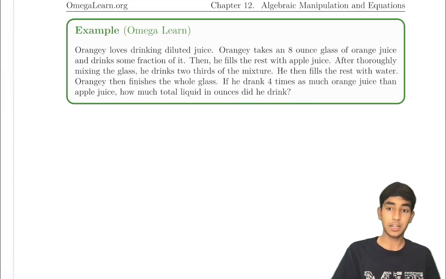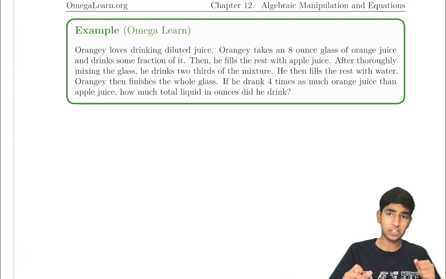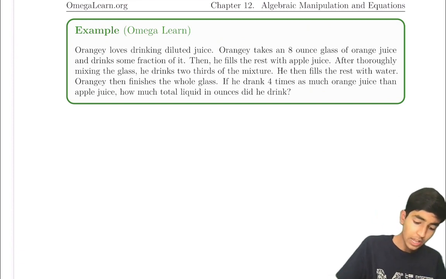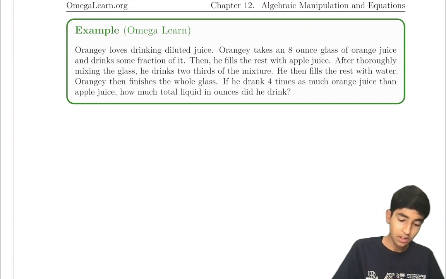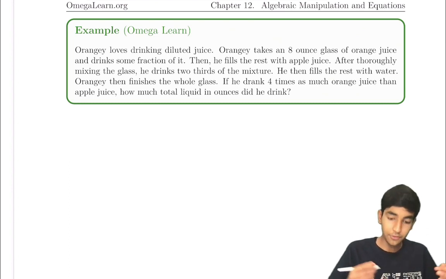Orangey loves drinking diluted juice. Orangey takes an 8-ounce glass of orange juice and drinks some fraction of it. Let's say the fraction that Orangey drinks is A. So A is a fraction.